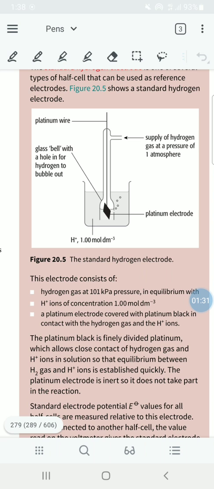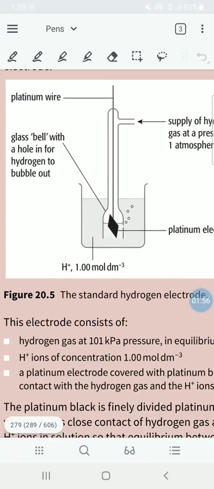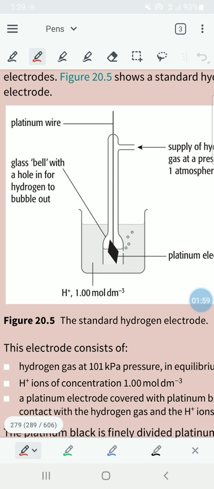Then in it there is a glass bell with a hole in it for hydrogen to bubble out. So as you can see, there is a hole here, right? So that is for hydrogen to bubble out. Then there is a platinum electrode connected with a platinum wire, as you can see here. This is the platinum wire and this is the platinum electrode.